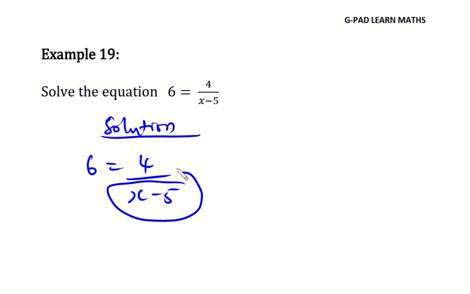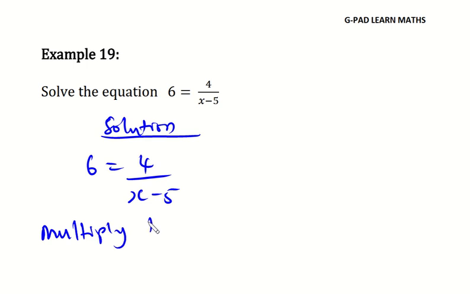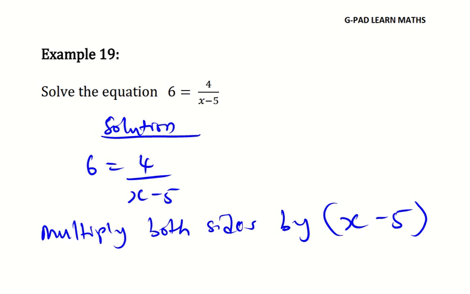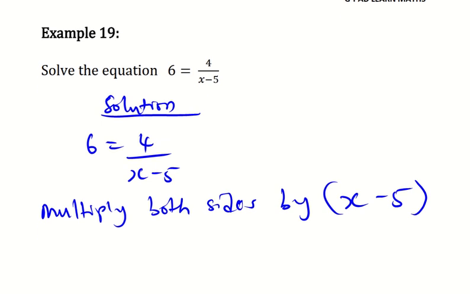All right. So I will multiply both sides, we have one term on the left hand and one term on the right hand side. So multiply both sides by what? X minus 5. I'm going to multiply both sides by x minus 5.